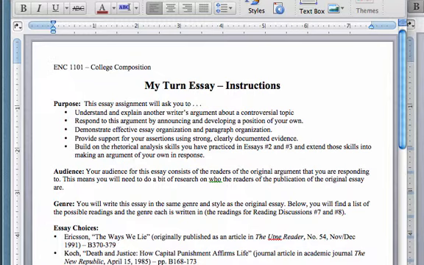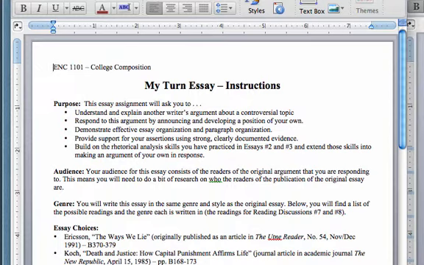And one of the most important features of any assignment sheet that you get in college is the verbs that are used. They are going to tell you what your task is. Okay, so you see at the top here that I've listed several things that constitute the purpose in me assigning this essay to you.